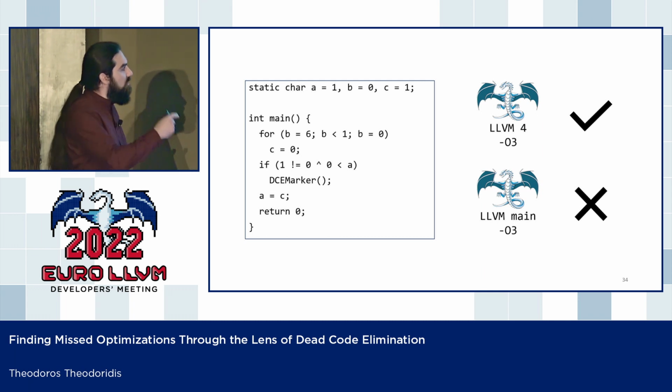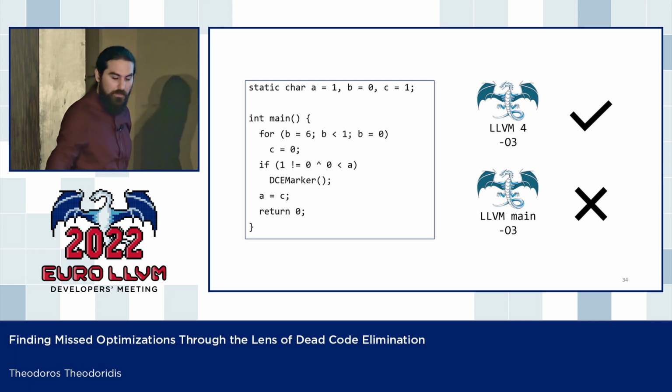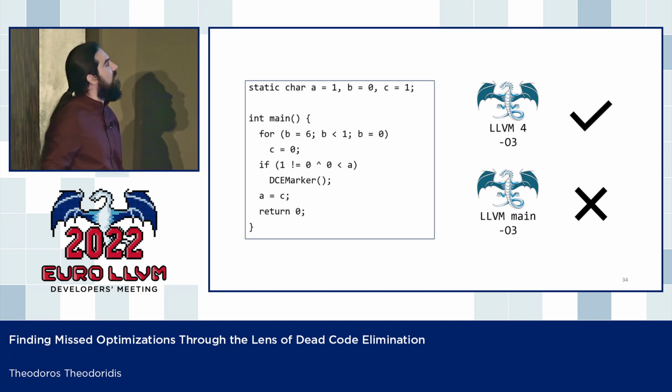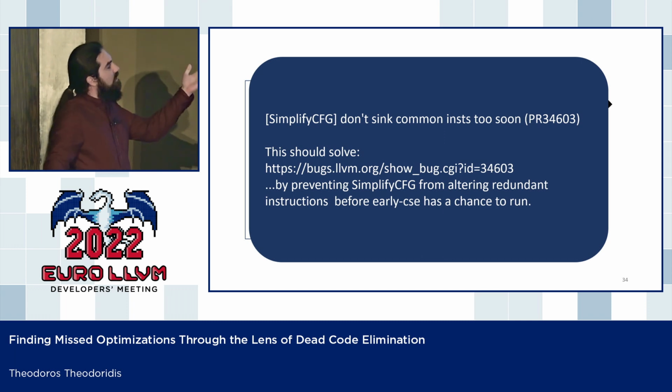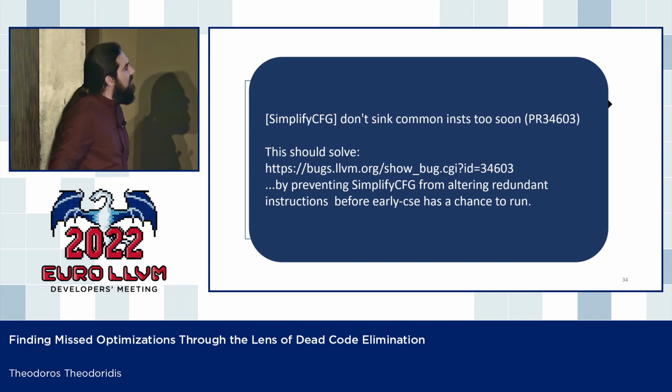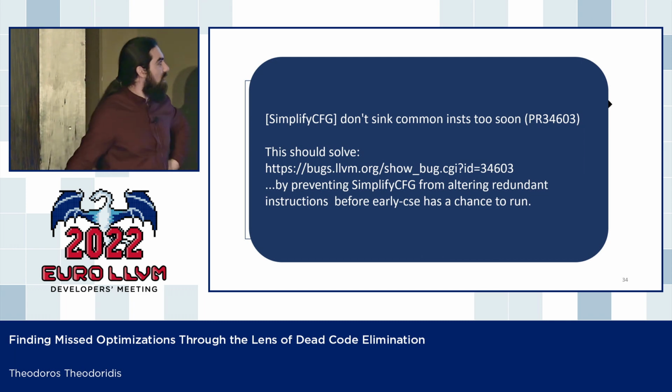But this regression was caused by a commit that, if we look for it, looks like this. And if you read the commit message, you can see that what this commit was trying to do was fix some other optimization issue, but it somehow ended up causing a new one. So yet another highlight of why we need automated testing to catch these problems.